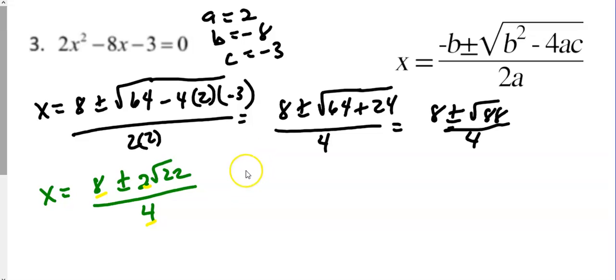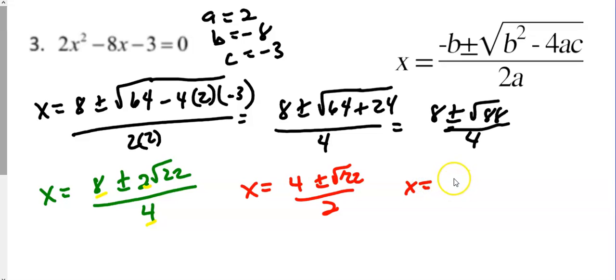We know 2 goes into all of those, so x is going to be equal to 4 plus or minus the square root of 22. Notice I have not changed anything under the radical, over 2. So if you had to split it, you could write it as x is equal to 2 minus the square root of 22 over 2 and 2 plus the square root of 22 over 2.